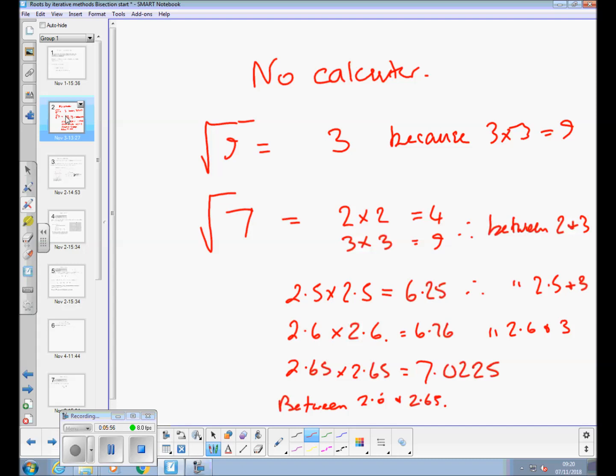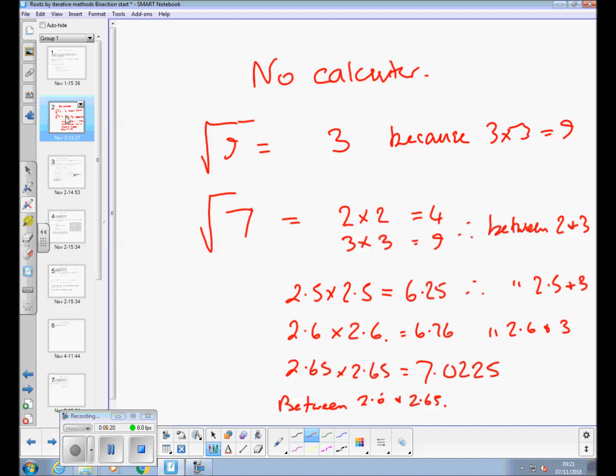But just trying to demonstrate a rough method of how you might work out, and you could do the multiplications on a piece of paper, to estimate to a given number of decimal places the square root of any number through estimation.